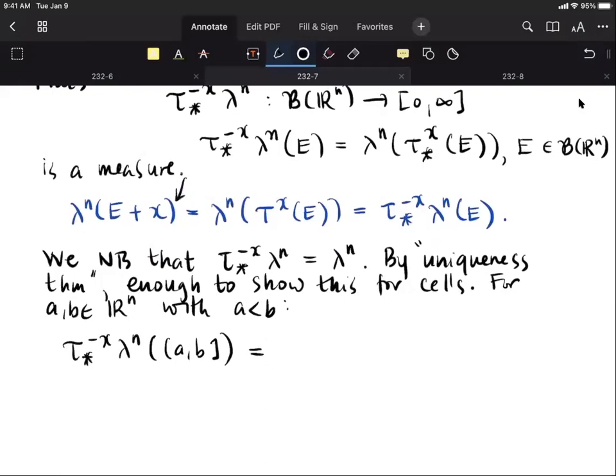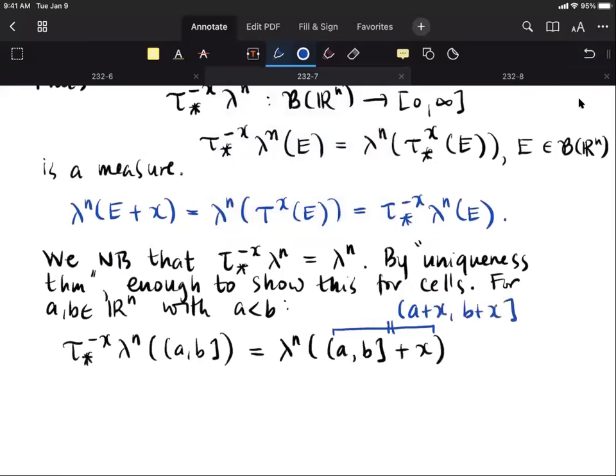According to this, we have lambda n of (a, b] plus x. However, this set is the same as the cell (a plus x, b plus x].